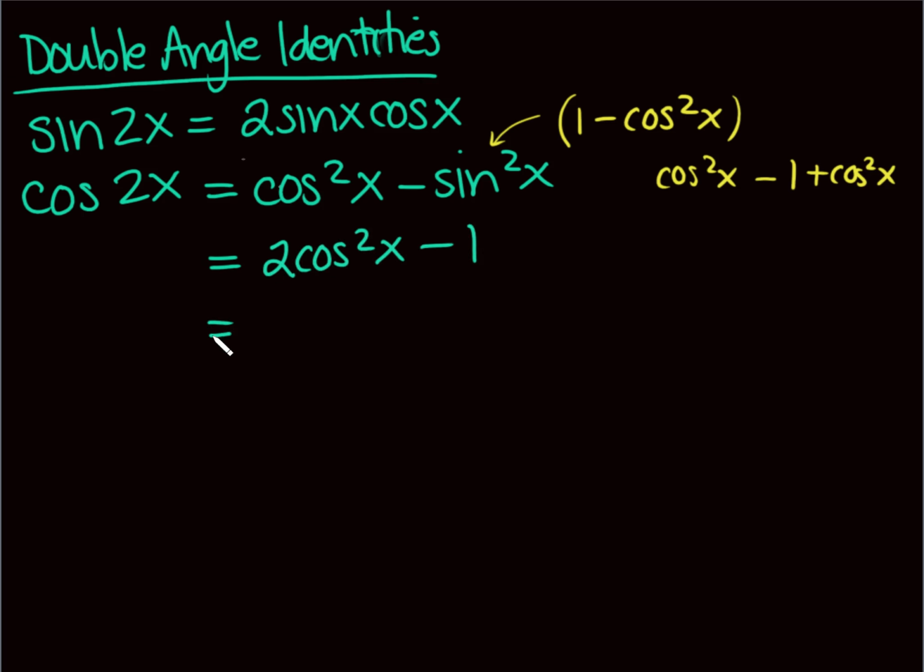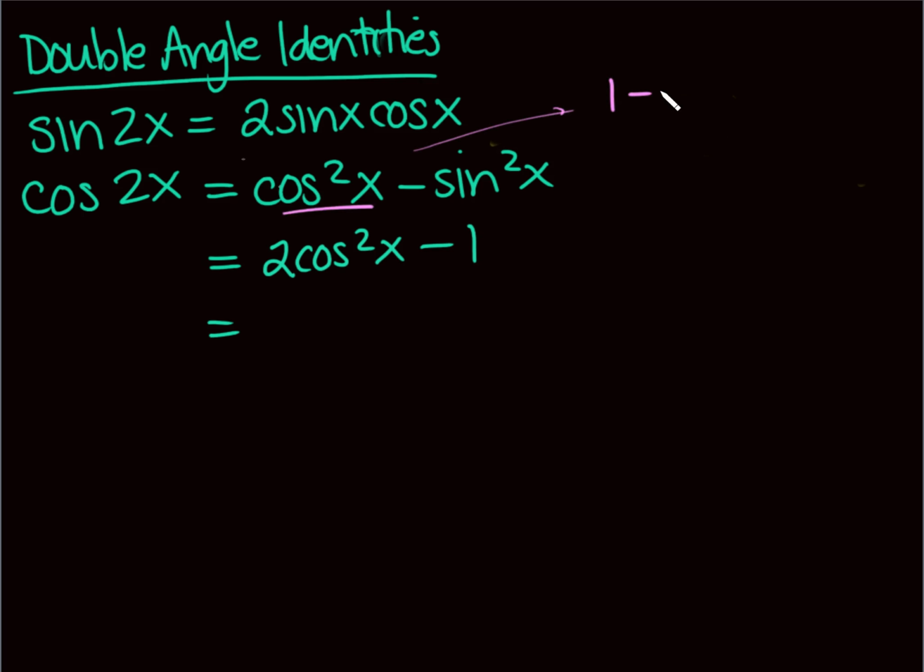So that's another way of writing it. Or the other way we could have done this, let me get rid of some of this right here. What if I had replaced this cosine squared with 1 minus sine squared from the Pythagorean identity? Here I don't have a negative to take through, so I would just get 1 minus 2 sine squared. So the cosine double angle has a couple options for us.